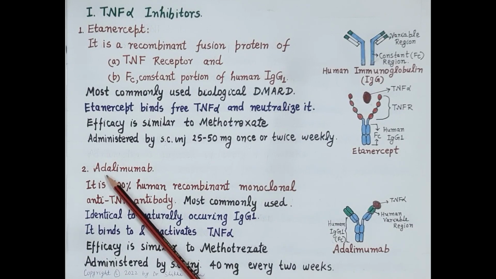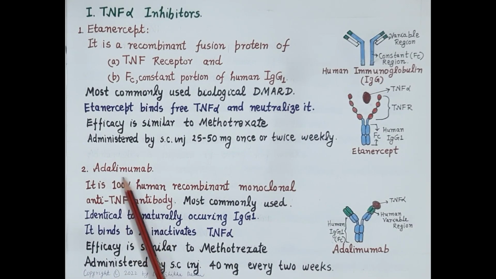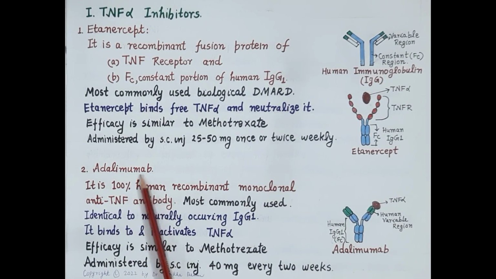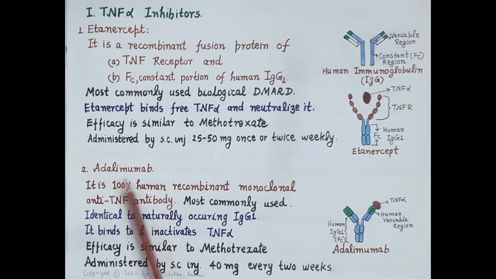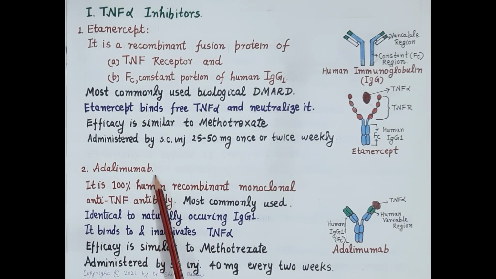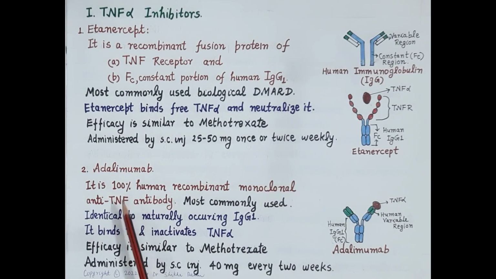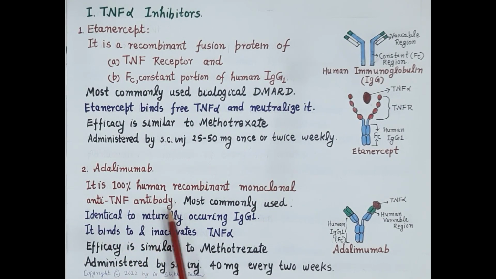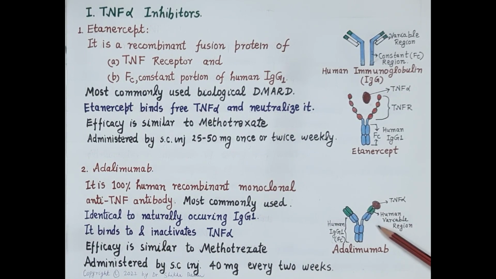Now the next tumor necrotic factor alpha inhibitor is adalimumab. Now MAB refers to monoclonal antibodies. So adalimumab is a monoclonal antibody, an anti-tumor necrotic factor antibody, because it is an antibody that binds to tumor necrotic factor and inactivates it. Now look at the structure of adalimumab.